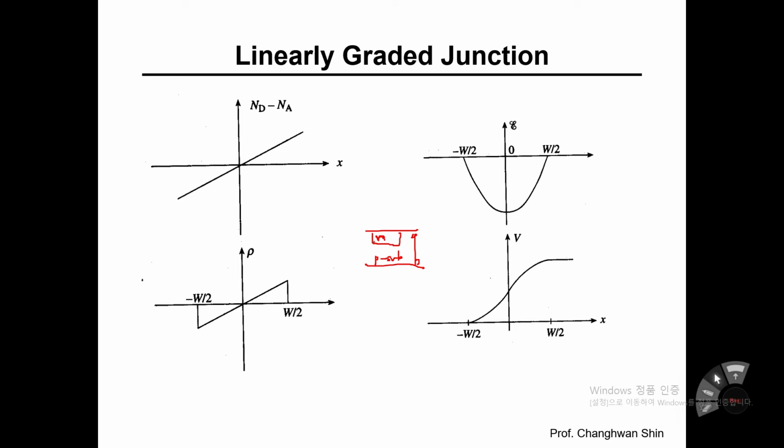Then we have a PN junction here. If I draw the doping profile along the x direction, N_A minus N_D, then say the surface corresponds to x of 0, and that indicates the physical junction of the PN diode.